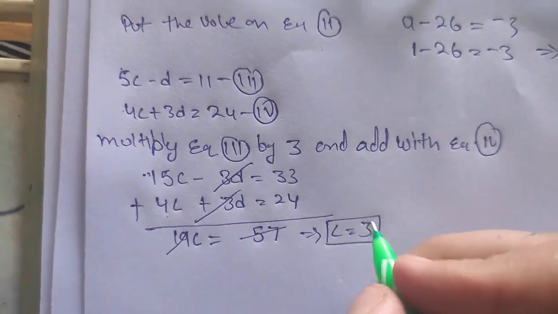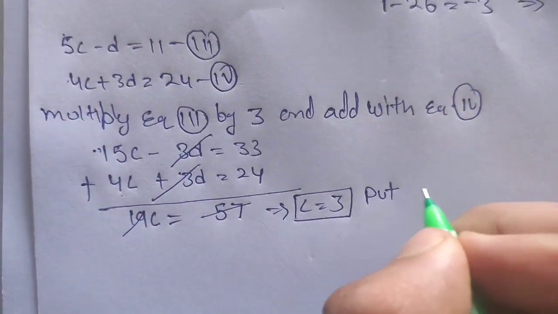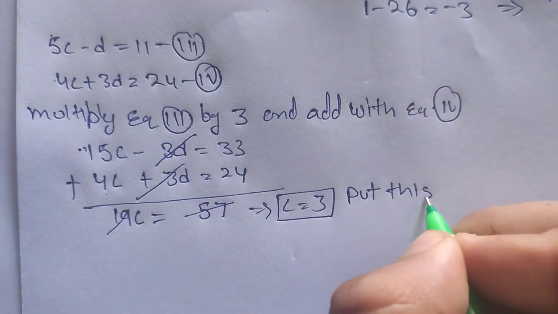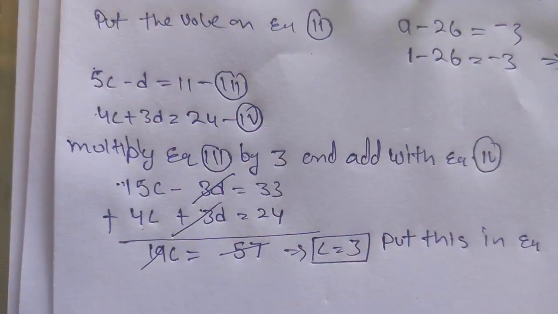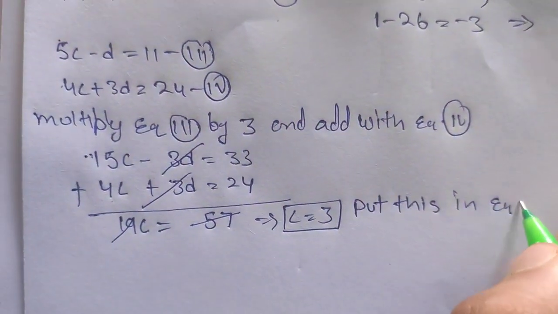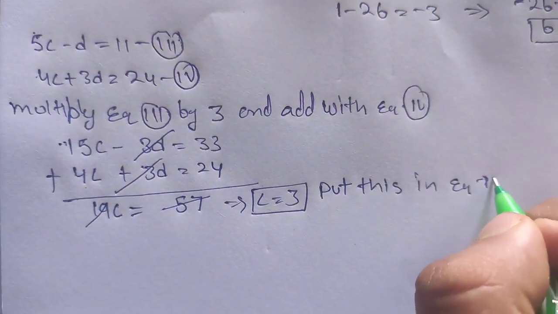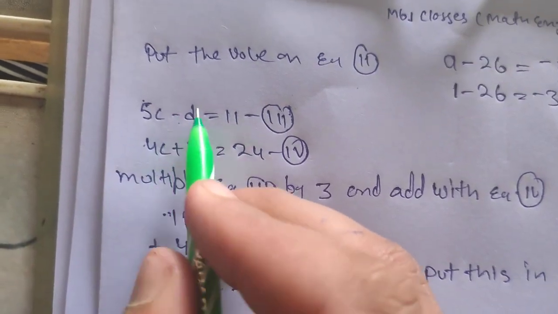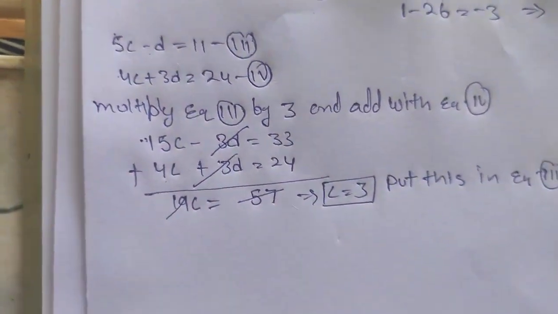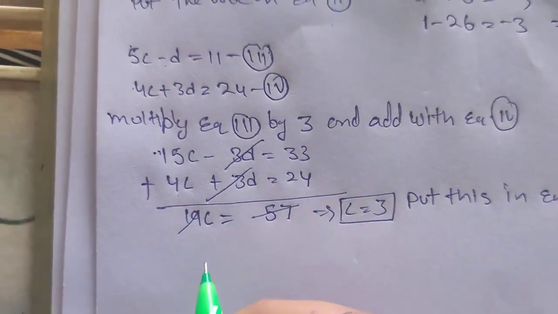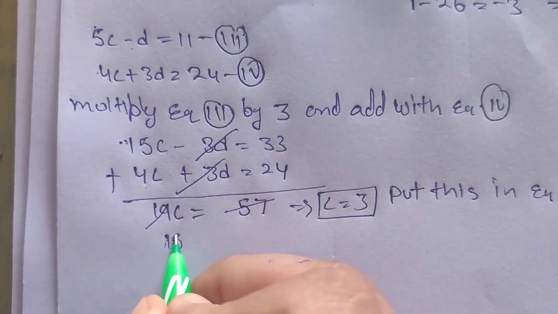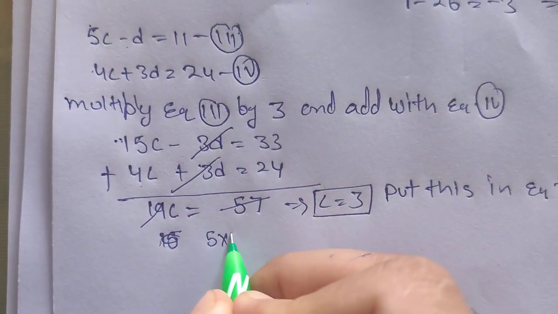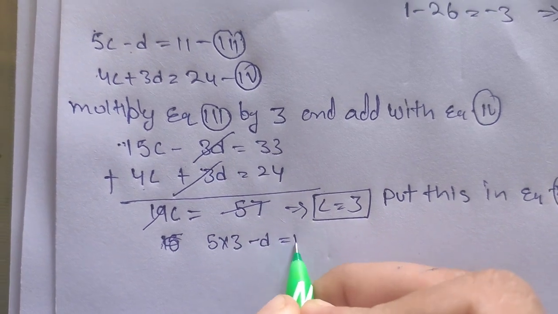Now put this value in equation 3. We get 5 into 3 becomes 15. So 5 into 3 minus d becomes 11.